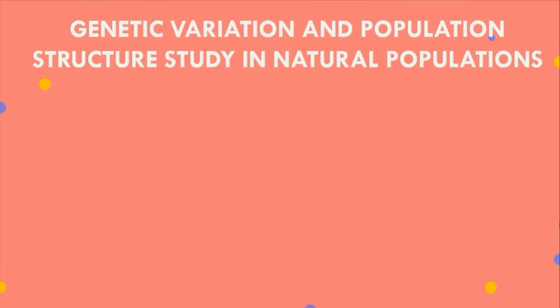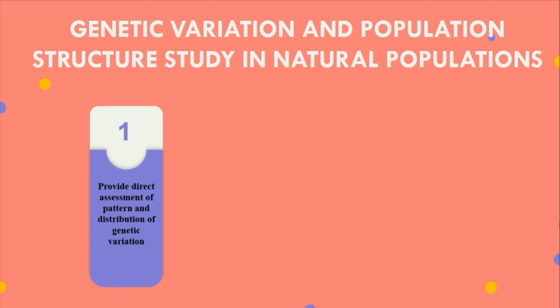Next, the use of markers in genetic variation and population structure study in natural populations. Some of the possibilities are assignment of migrants, determination of genetic bottlenecks, effective breeding population estimate, besides genetic variation and differentiation estimation.